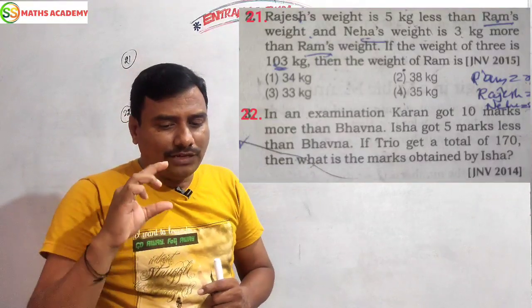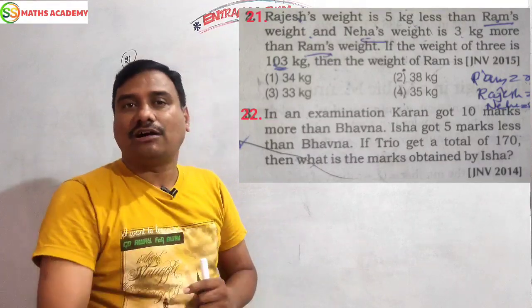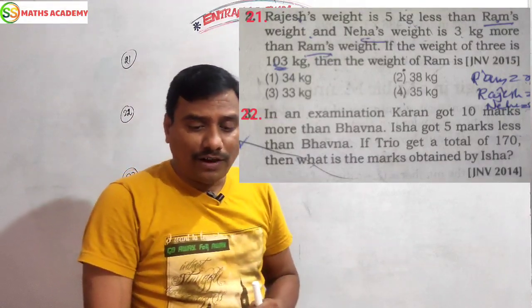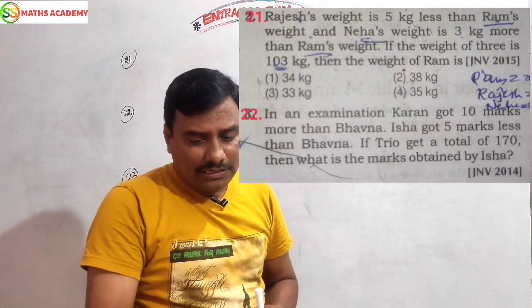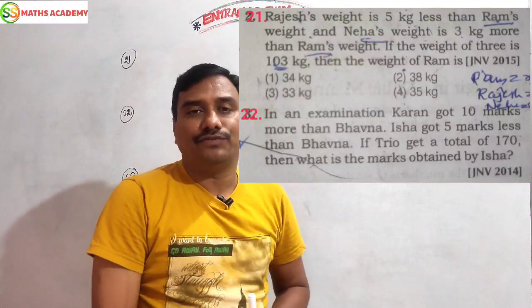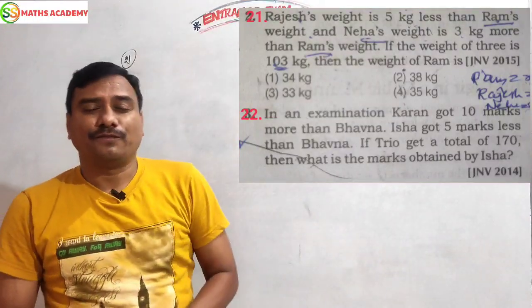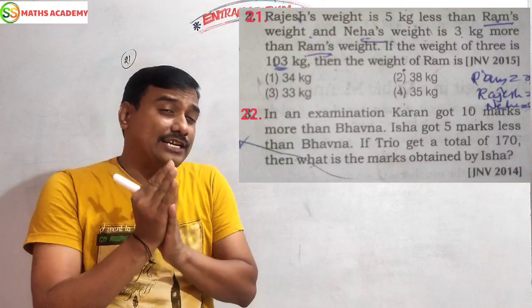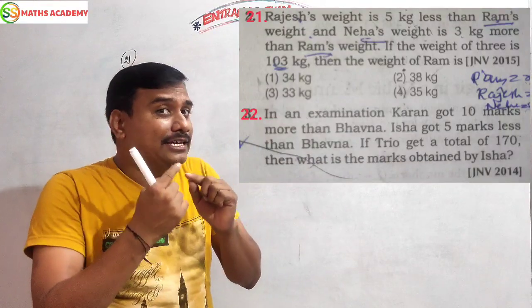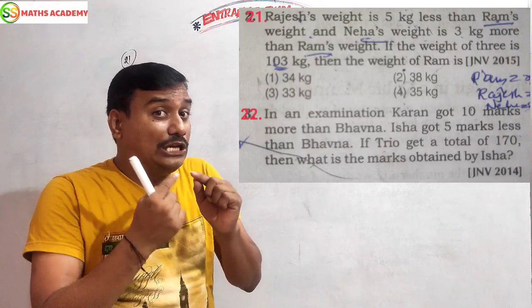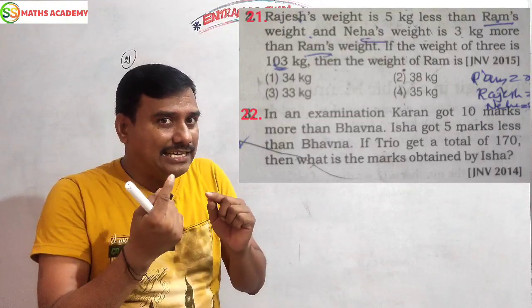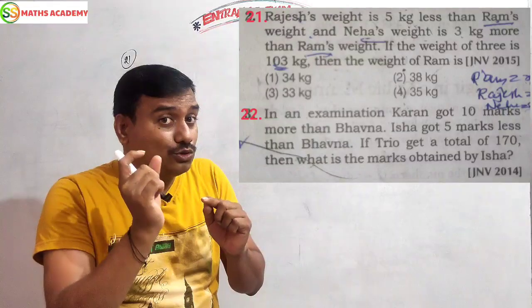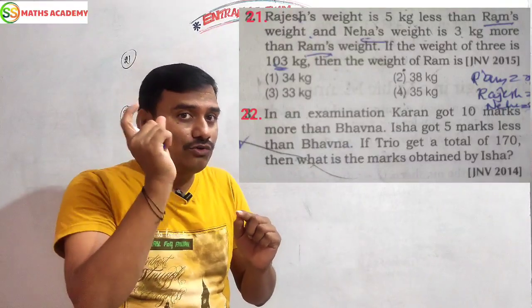If the total weight of these three persons is 103 kg, find the weight of Ramu. Here 34, 38, 33, 35 are given in the options. Friends, I told you this kind of questions: whichever name's value is repeated twice, choose that as x, the unknown quantity.